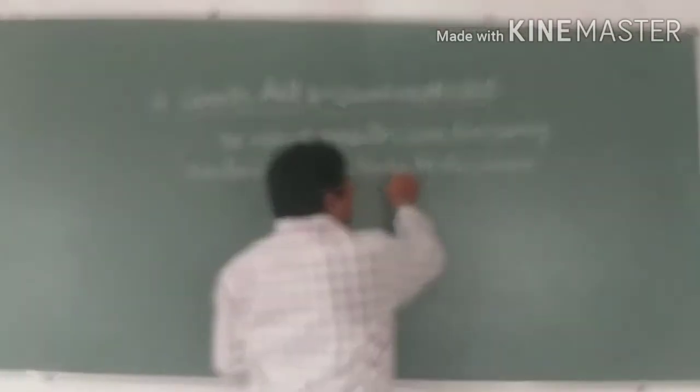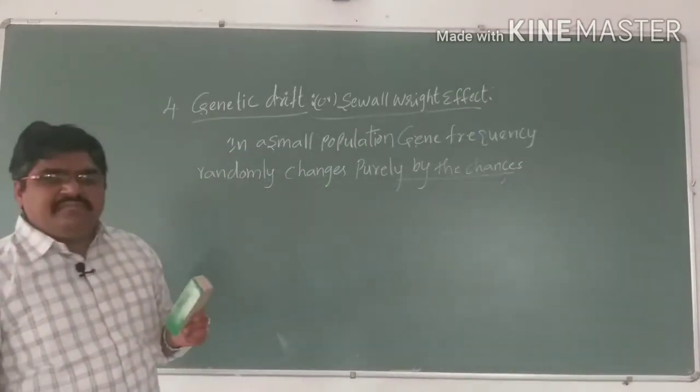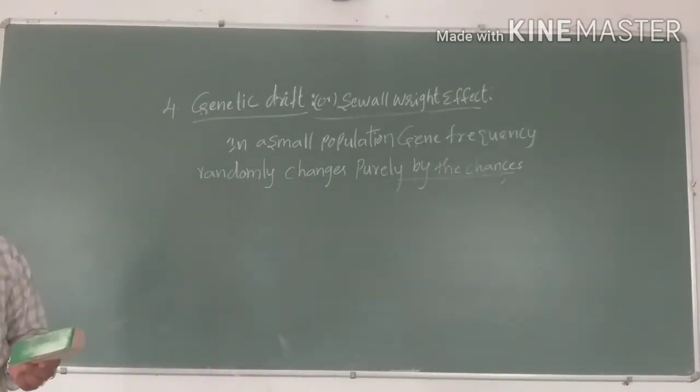Purely means that by acting upon external forces, evolution may take place. Genetic drift can take place, and if it takes place, it is purely by chance.